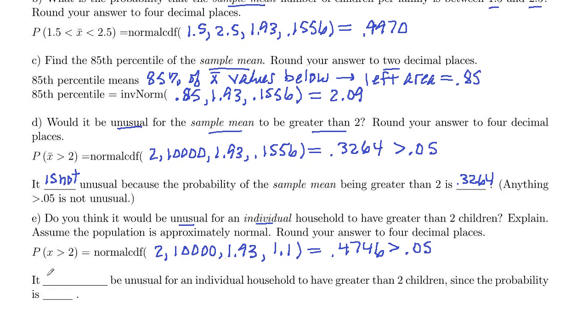So it would not be unusual for an individual household to have greater than 2 children, since the probability is 0.4746. And that's greater than 0.05. It has to be less than 0.05 to be unusual.